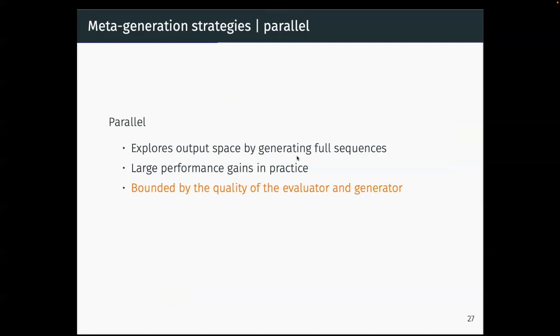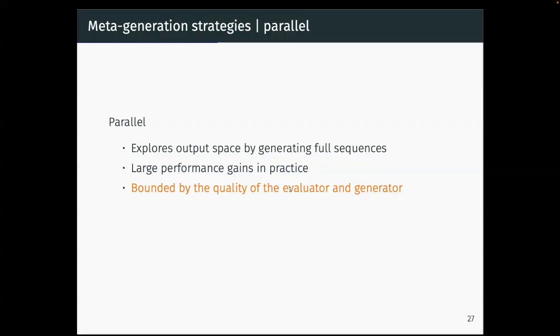So that's the parallel generation. And again, the key idea is you're exploring the space of outputs. And we can see large performance gains. And then ultimately it's bounded by how good your evaluator or reward model is and your generator. So yeah, any questions here before I move on?